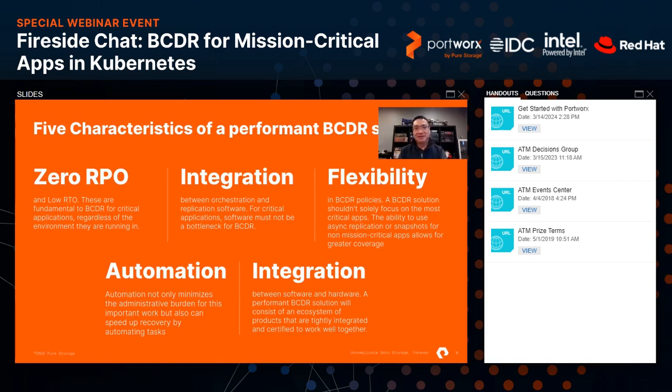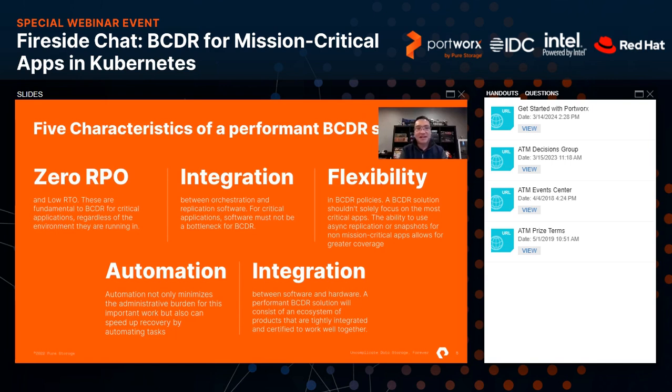I think the second point here is something unique to when we're talking about containers. We need to call out that integration point between the container orchestration software and the replication software.